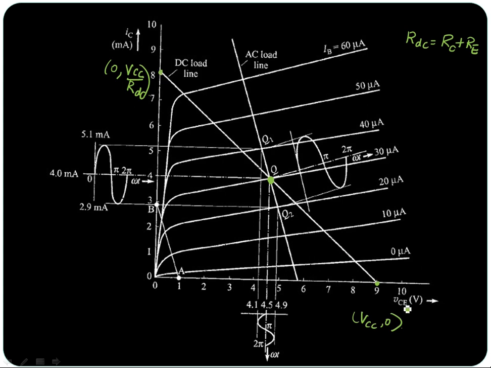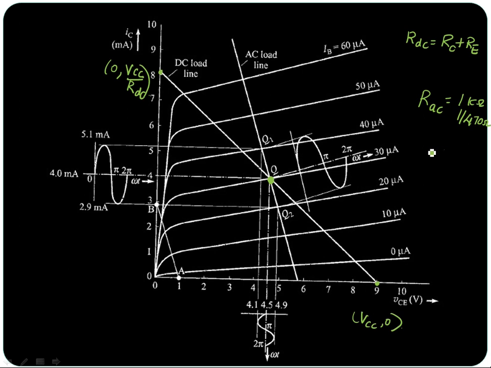Up to this, the curves are already available. Drawing the DC load line is what we do from the DC analysis. Now from the AC analysis, we have to draw the AC load line. For that, you have to calculate RAC. What is the AC equivalent resistance on the collector side? RAC will be R0 parallel to RC. RC is 1 kilo ohm, and that is parallel to 470 ohm, which is R0.